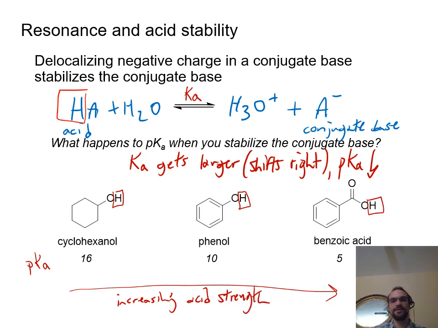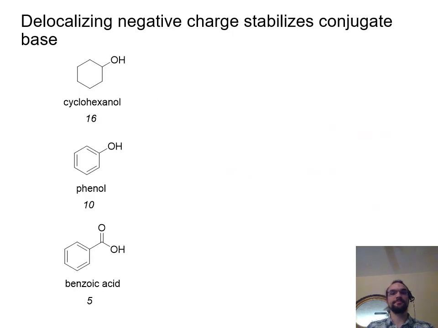So compared to cyclohexanol, benzoic acid really wants to give away its proton. So let's think about why that is. And nearly every time you want to answer this question of what is the strongest acid, you're going to look at the structure of the conjugate base. Is the conjugate base stabilized? And if we can do that, we're going to make a stronger acid.